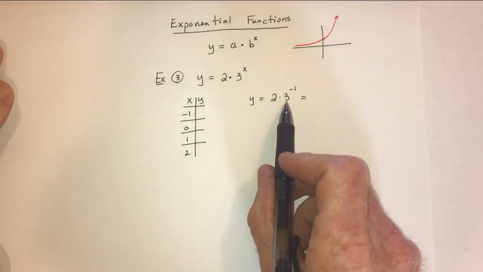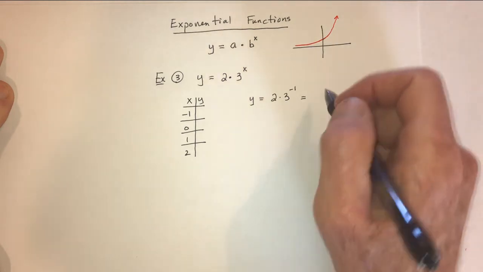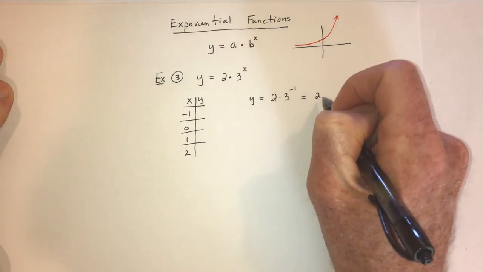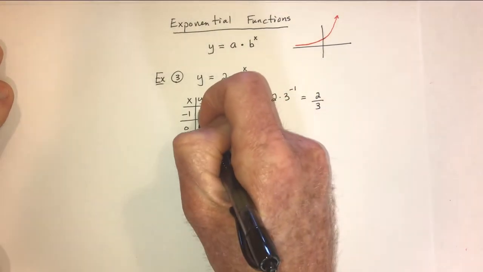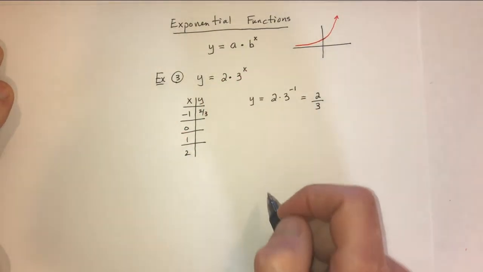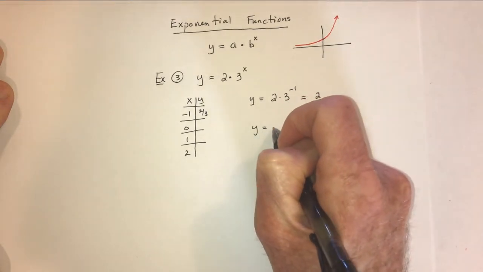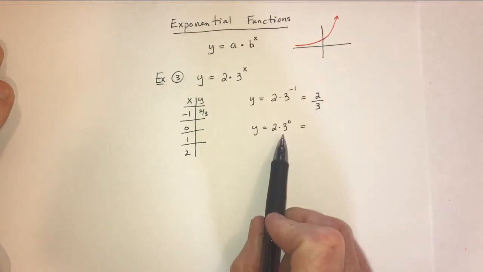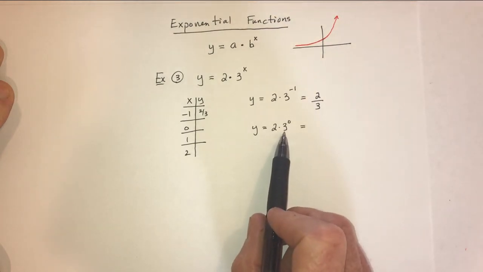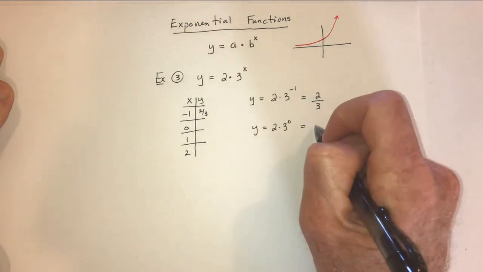And a negative 1 exponent means this gets inverted. So the 2 stays there and the 3 gets sent to the bottom. So it's 2/3. Then when you substitute a 0, 3 to the 0 is equal to 1, which means this is 2 times 1.